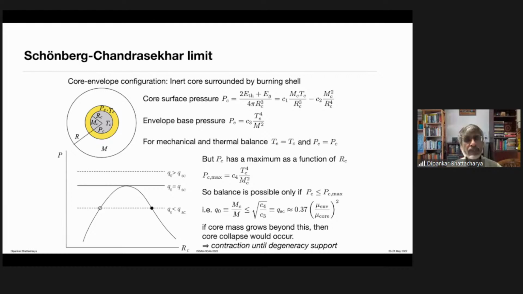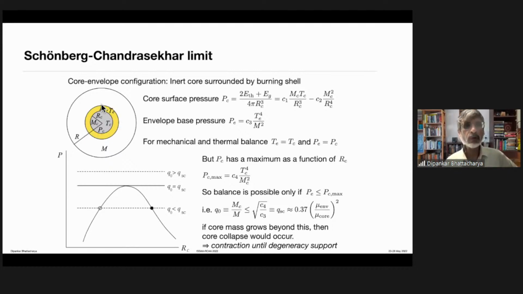Now at this point, let us take a slight quantitative look at what is happening in such a situation. So the star now has a core-envelope configuration. The envelope is relatively low density, the core is relatively high density. There is a significant difference in density between the core and the envelope.